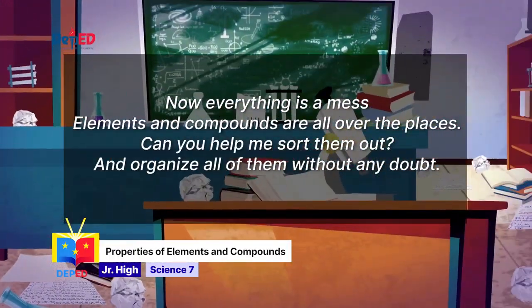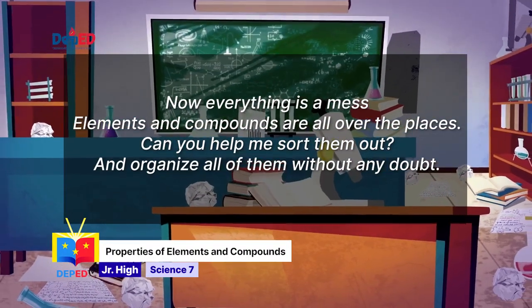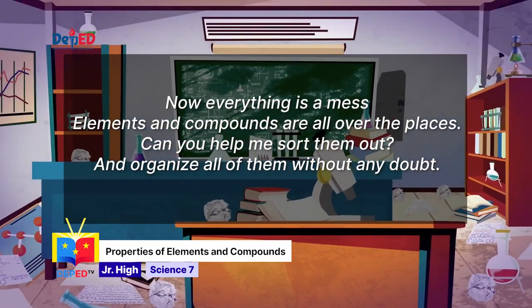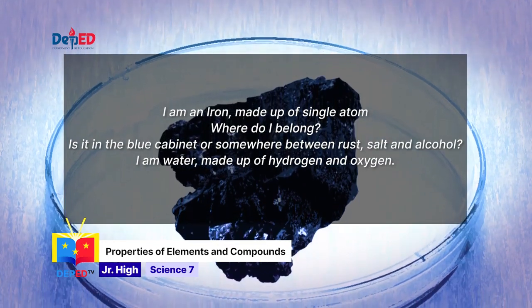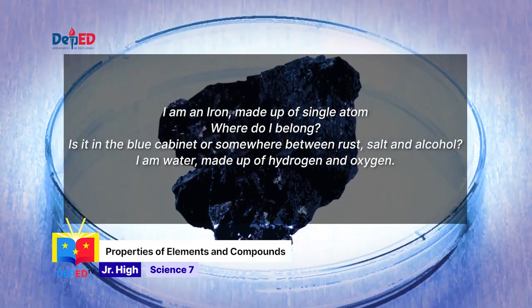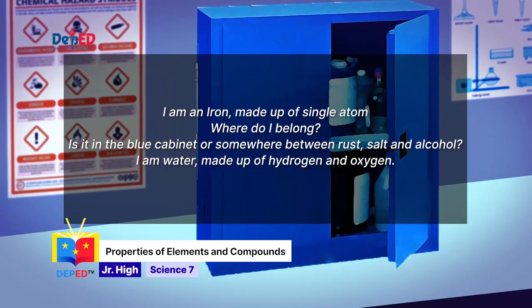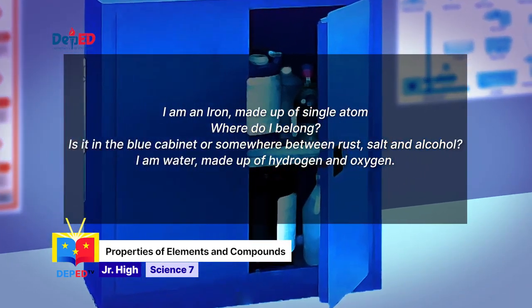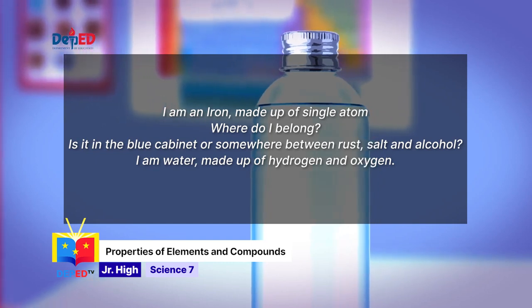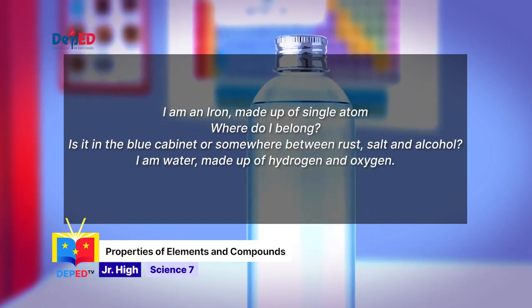Now, everything is a mess. Elements and compounds are all over the places. Can you help me sort them out and organize all of them without any doubt? I am iron, made of a single atom. Where do I belong? Is it in the blue cabinet or somewhere between rust, salt, and alcohol? I am water, made of hydrogen and oxygen.